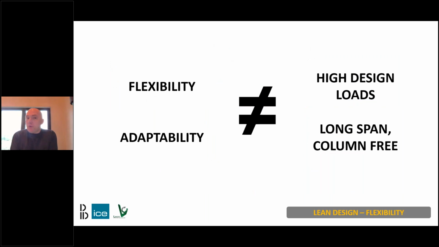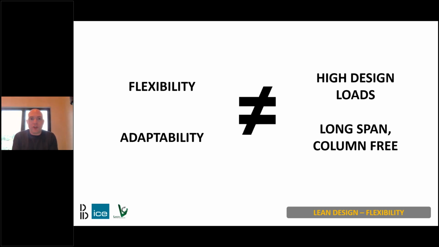One of the big misnomers, I suppose, is the idea that if you want to achieve flexibility and adaptability of a building, it requires high design loads, long columns, long span column-free spaces. That really isn't the case at all. Flexibility and adaptability tie in with lots of other things. It's maybe about well-placed columns.